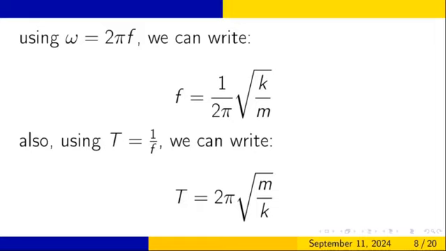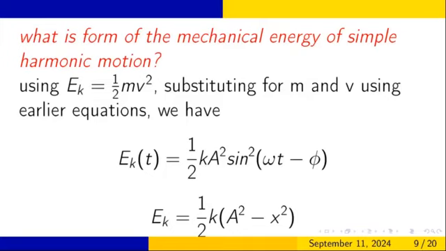So let's quickly look at problem solving. The first problem here, we are given a mass that performs... Now we are told that the phenomenon here is the simple harmonic motion. So that tells us that we are going to solve this problem using the equations of simple harmonic motion.